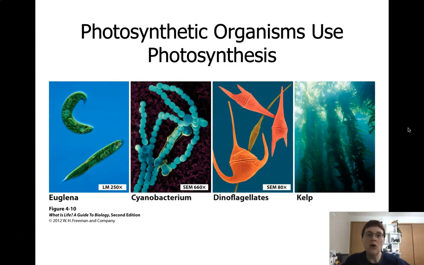These organisms also do photosynthesis. So who do we have here? We have Euglena and dinoflagellates. These two are types of algae. Right. We've also got kelp. So those belong, they're also a type of algae, but you know them commonly as seaweeds.